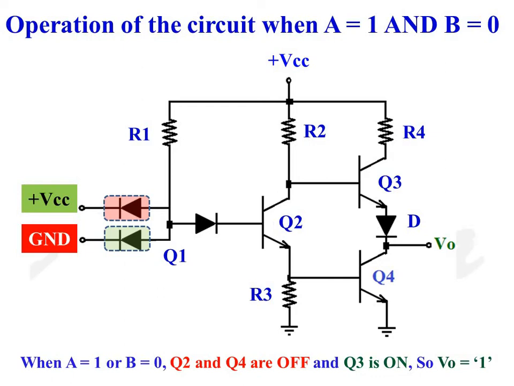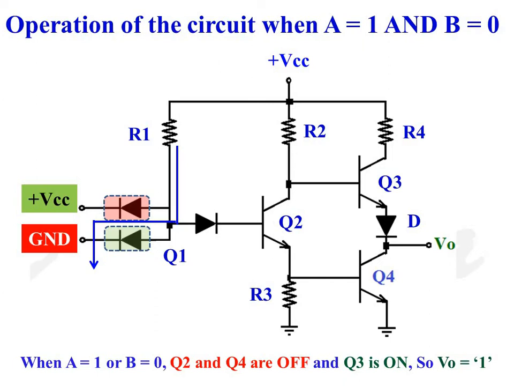So current flows from VCC through resistance R1 and the green colored diode. As the green colored diode is conducting, current flow through the collector base junction of the transistor is equal to 0, as current always selects a low resistance path.